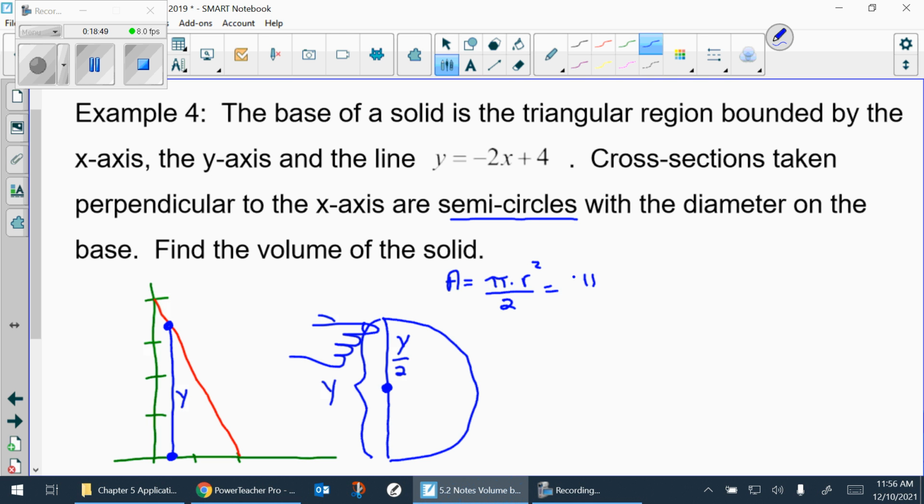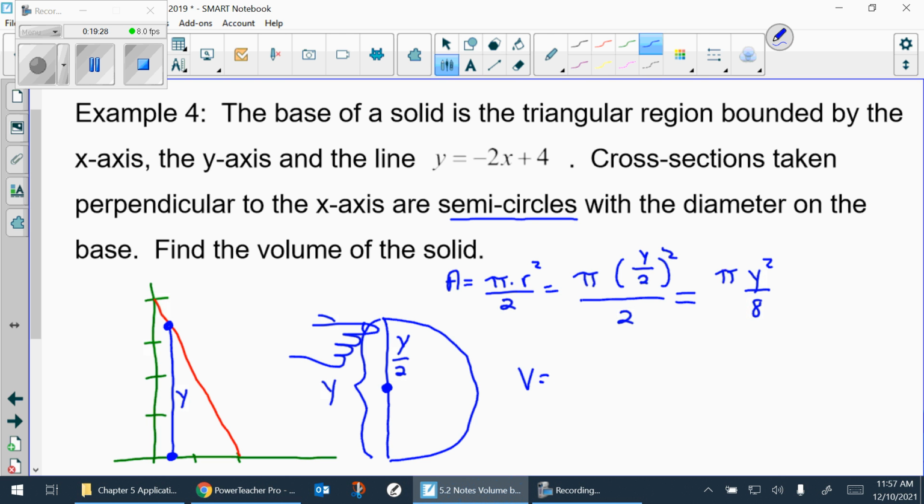So I'm going to get pi times (y over 2) squared divided by 2. If I multiply this out correctly, I believe I'm going to have pi y squared over 4 divided by 2, or pi y squared over 8. That's the area of this semicircular slice.